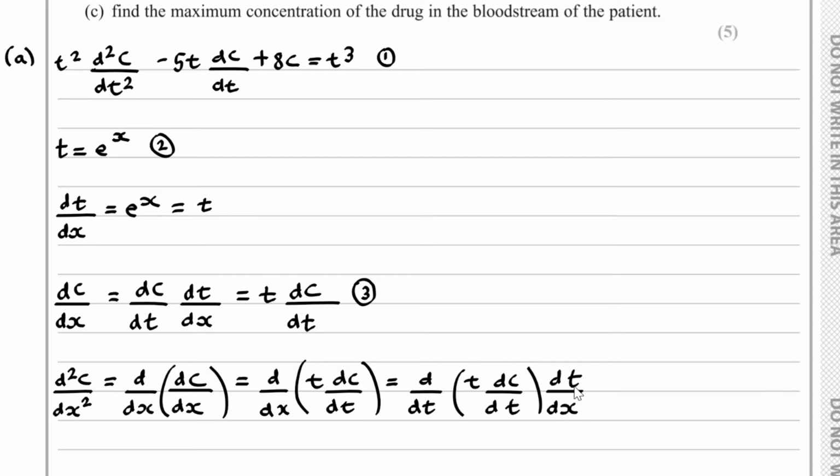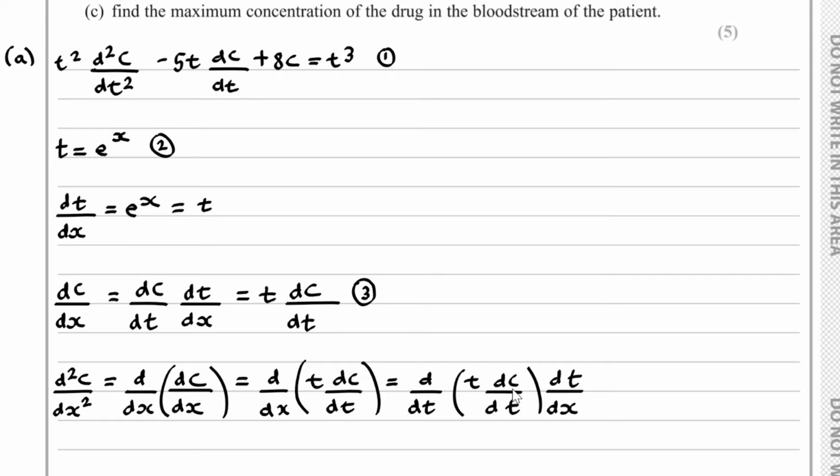It's as though these dt's cancel out. So all we've just done is apply the chain rule to expand this d over dx into an instruction of d over dt times dt over dx. Okay, so we've expanded this out using the chain rule to give this over here.